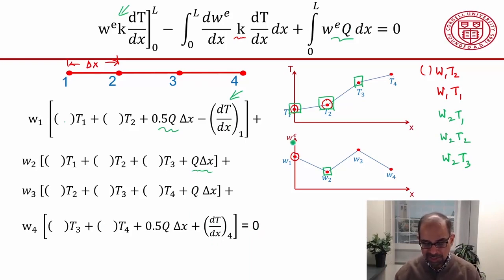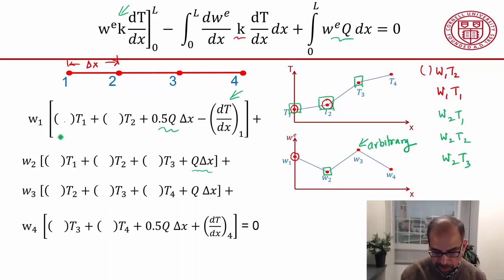Now we are trying to satisfy this for arbitrary W, which means these nodal values are arbitrary. So if you want this to be equal to 0 for any values of W1, W2, W3, W4, the only way you can do this is if each individual term is equal to 0.